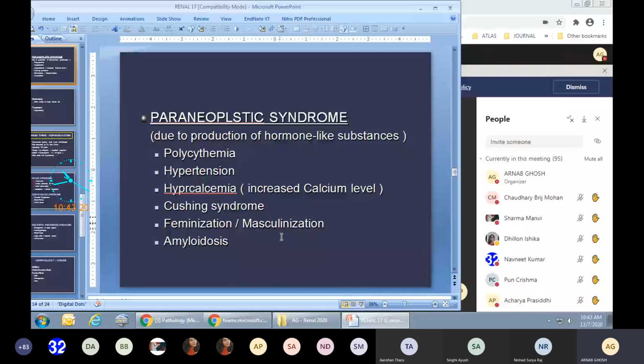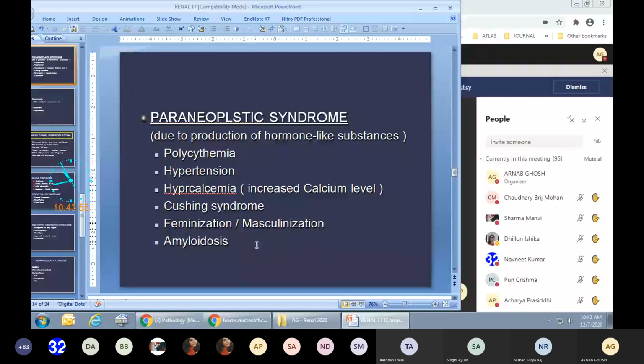That can happen in renal cell carcinoma, and amyloidosis is another point. So these are again important: polycythemia, hypertension, hypercalcemia, Cushing syndrome, feminization or masculinization, and amyloidosis.